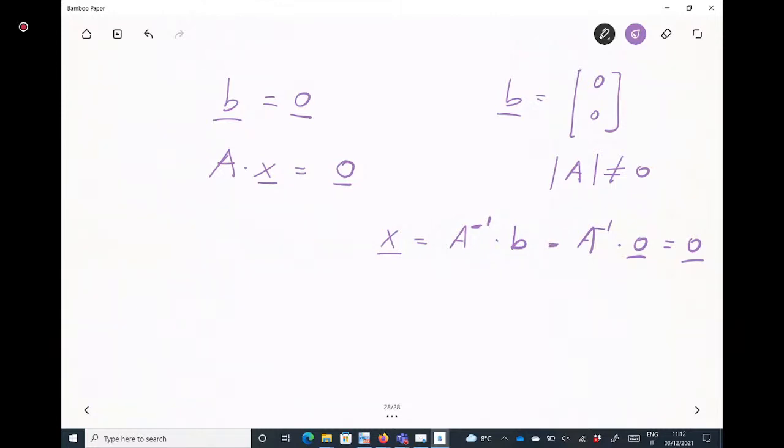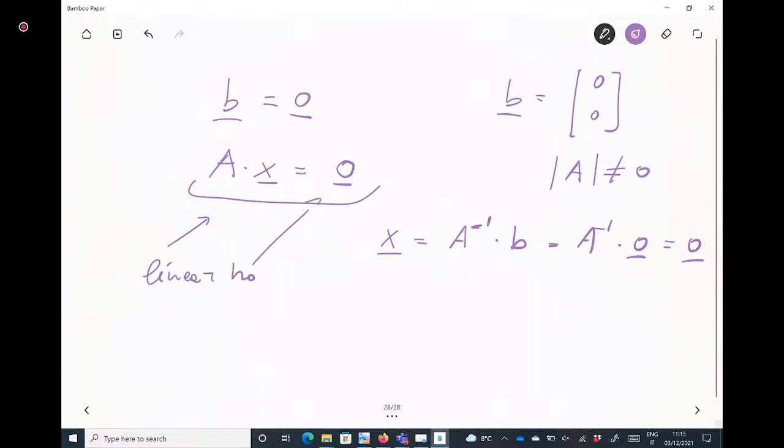So if our system has B equal to the 0 vector, and it has a unique solution when the determinant is different from 0, this unique solution is necessarily 0. A solution 0 of this system, which is called a linear homogeneous system.